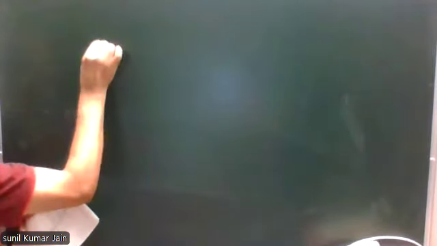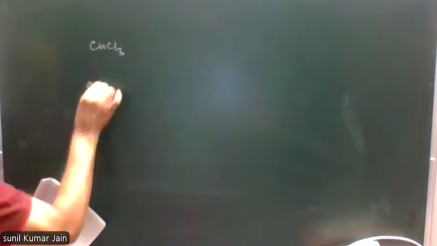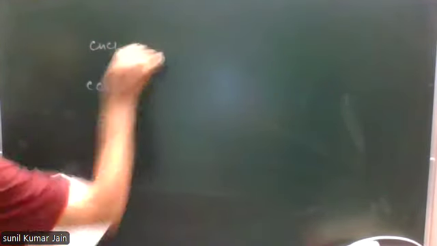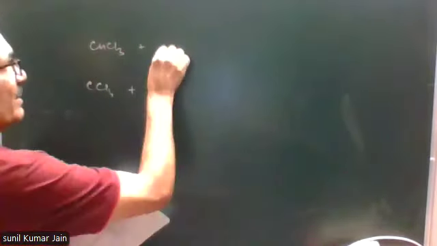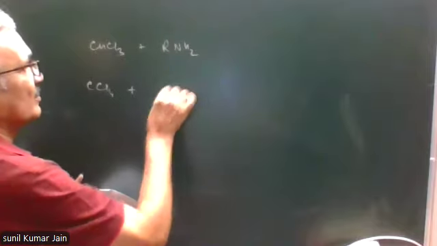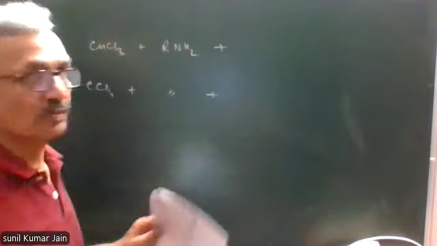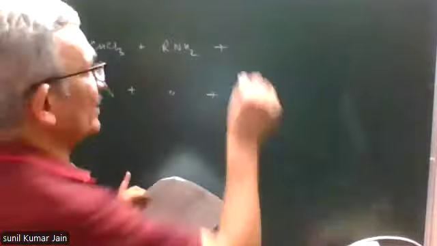Second, chloroform and carbon tetrachloride. To both the given compounds, add any primary amine, RNH2. To both the compounds, add alcoholic KOH.